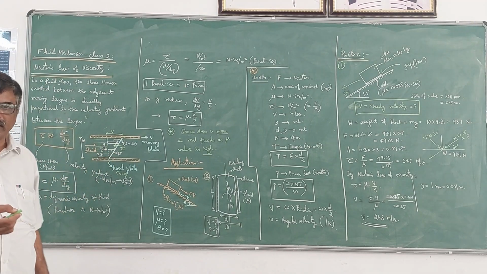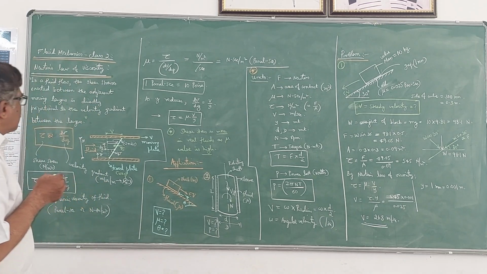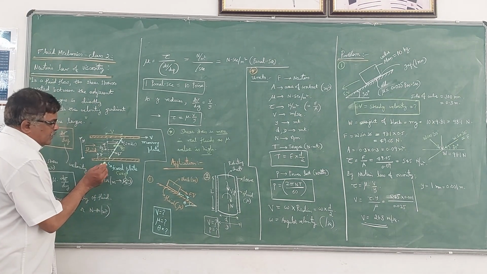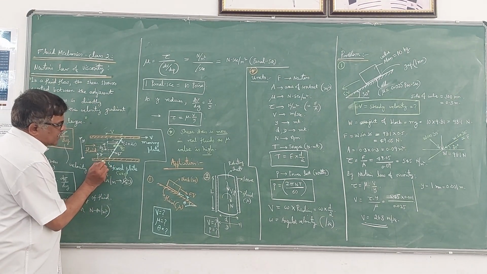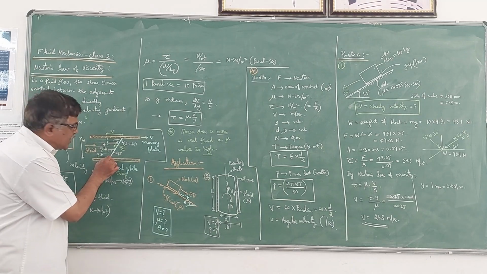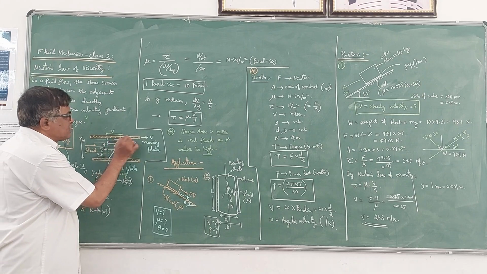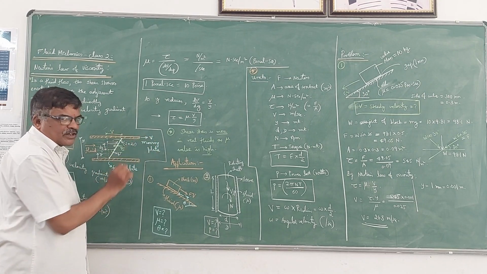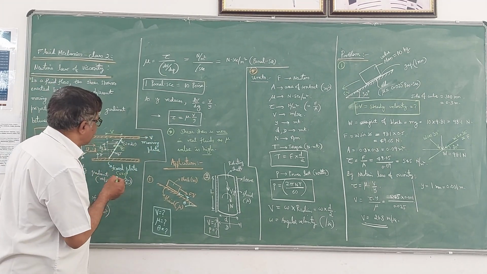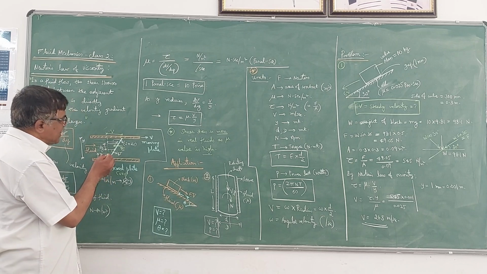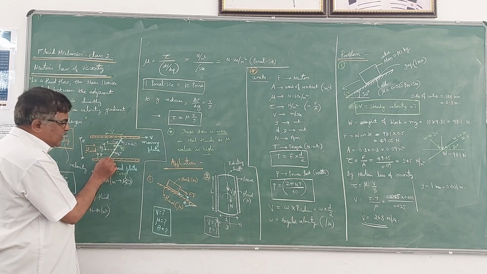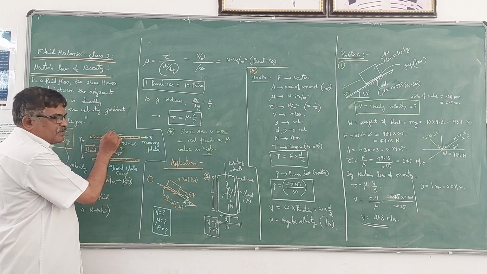That type of flow is called laminar flow. Since this is a fixed plate, whatever fluid particle is adhering to this fixed plate, its velocity will be 0. But this plate is moving with a constant or steady state velocity v. So in between these two, velocity is 0 here, velocity is v here.